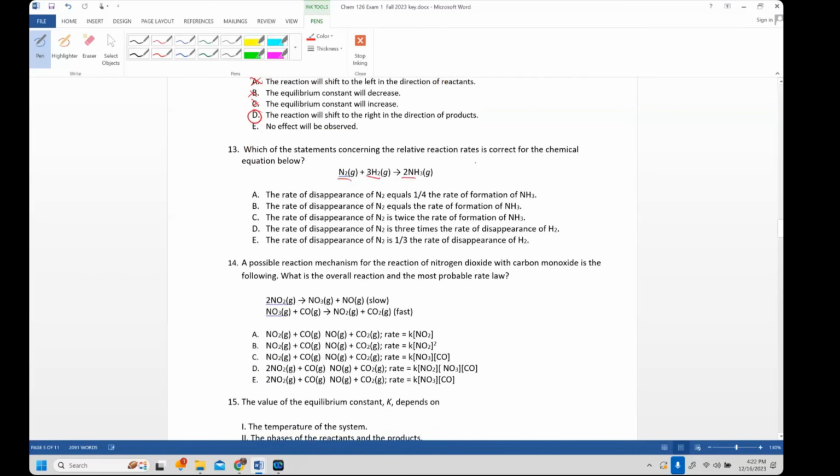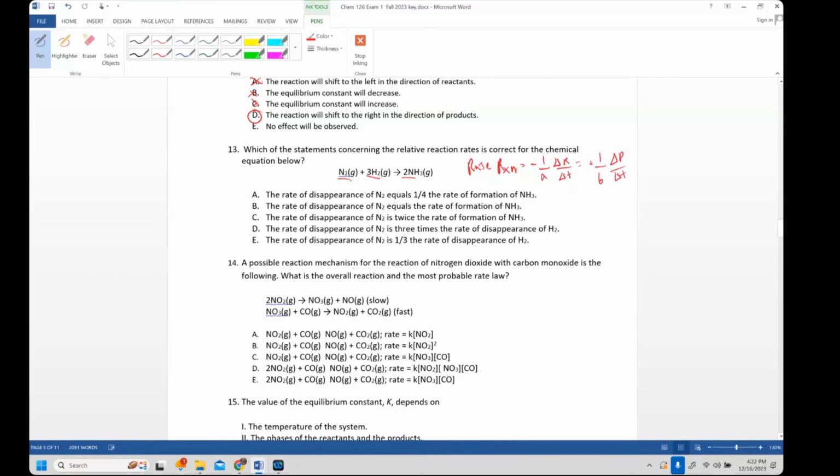And what I showed my class in the chapter 15 slides is we can simply say that for any rate of a reactant, the rate of the reaction equals -1 over the coefficient of the reactant times the change in reactant over change in time, which also equals the positive, meaning appearance, of 1 over the coefficient of the product times delta product over delta time.